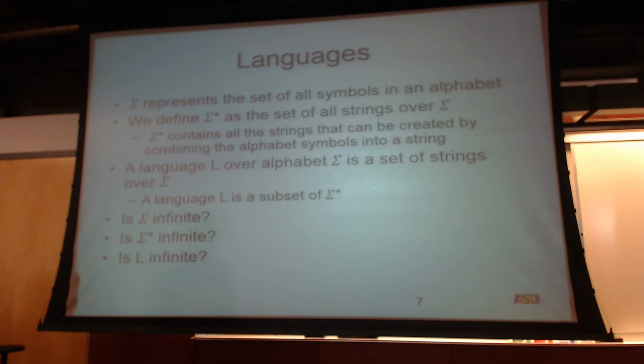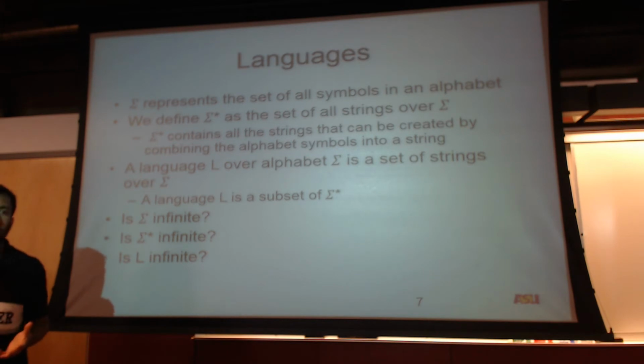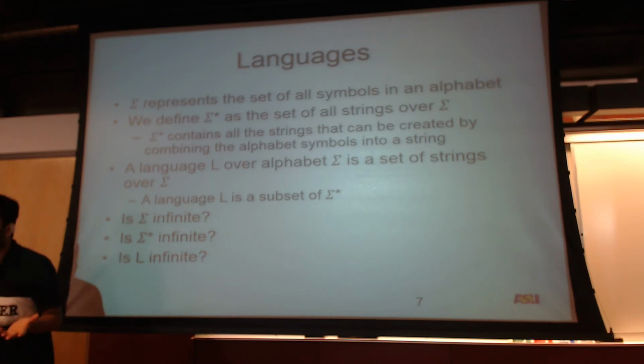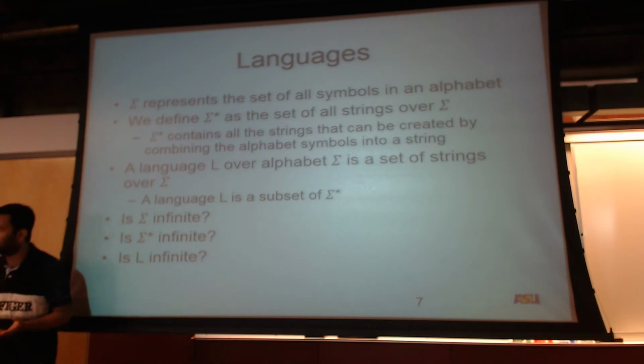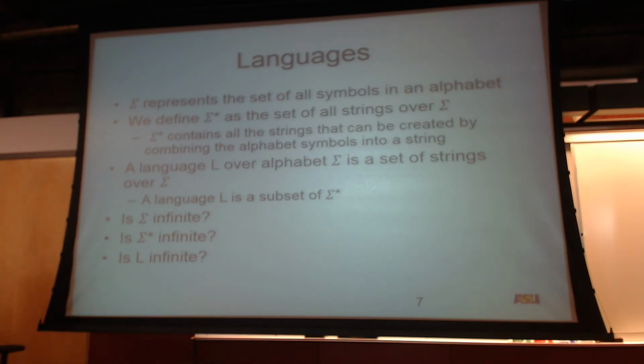Whenever a number comes, I know whether it's even or not. Very easy, divide by 2. If there is no remainder, then that's even. So my language only speaks in terms of even numbers, and that language is also infinite. It's countably infinite, but still infinite. So L can be infinite.